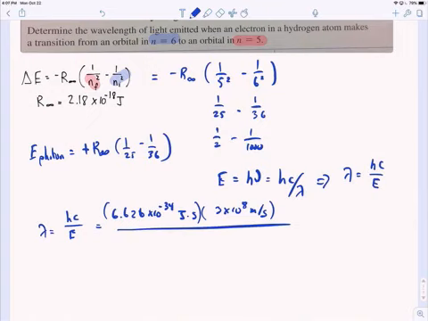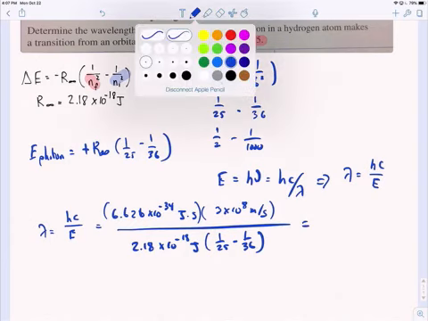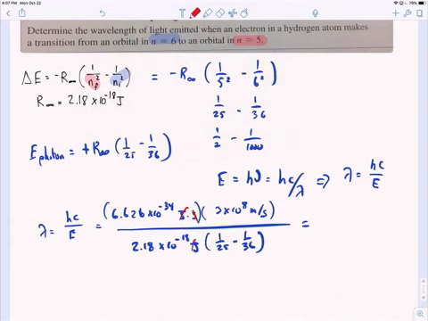All over the energy, the Rydberg constant, I'll just put in the numbers, 2.18 times 10 to the minus 18 joules times 1 over 25 minus 1 over 36, like so. And if you look at the units, joules cancel, seconds cancel, and we're left with meters.